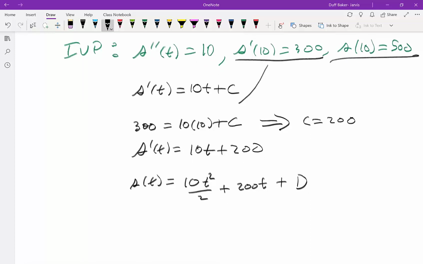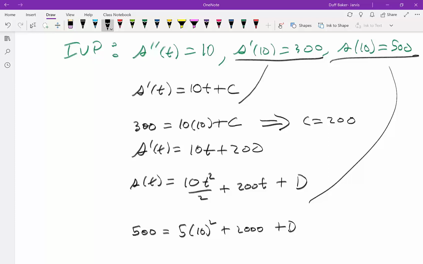And then we use this other piece of information that if I plug in t equals 10, I get 500. So this is 5 times 10 squared plus 2,000, 200 times 10, plus d.